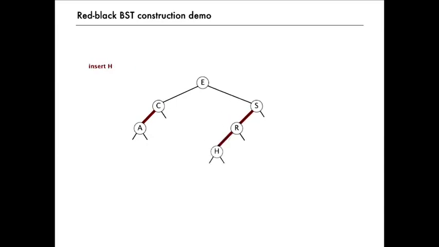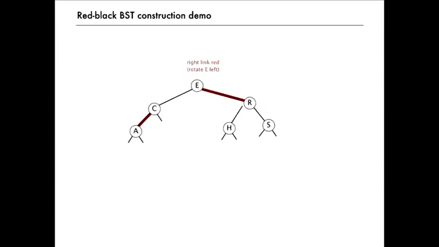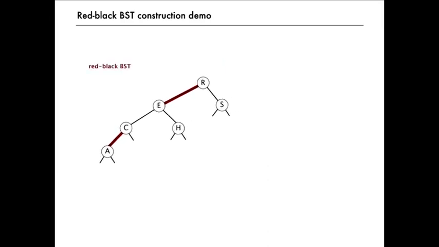We want to insert H, that goes to the left of R, 2 reds in a row, rotate the top. Our temporary 4-node is balanced, flip colors. Now we have a 3-node, but the red link is leaning right, so we have to rotate. And then now we have a legal red-black BST.